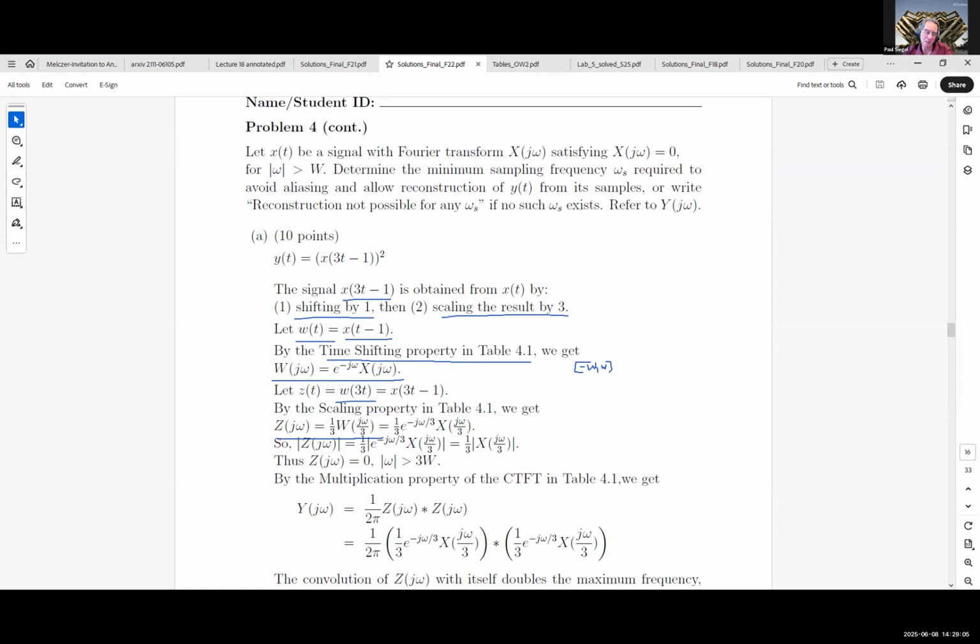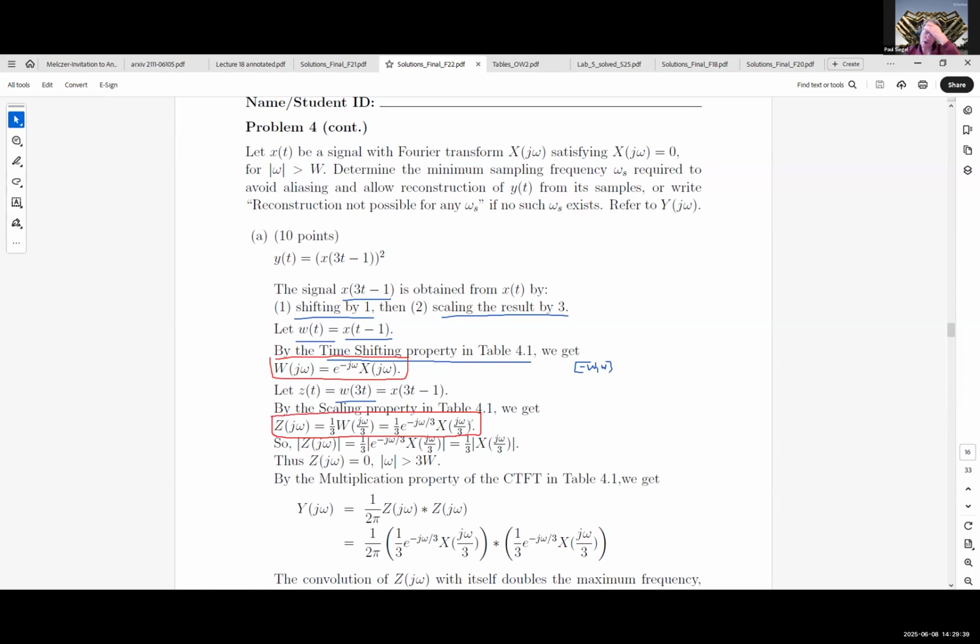So if I take the intermediate step I got when I shifted by 1 and now scale it by 3, I end up with one-third e to the minus j omega over 3 times X of j omega over 3.